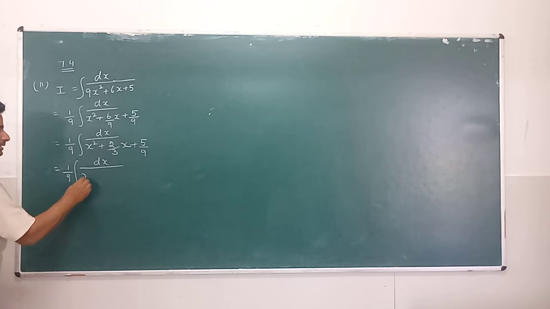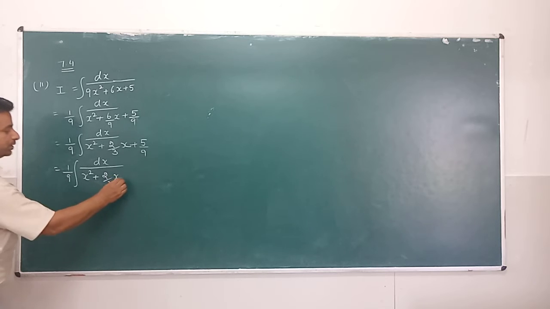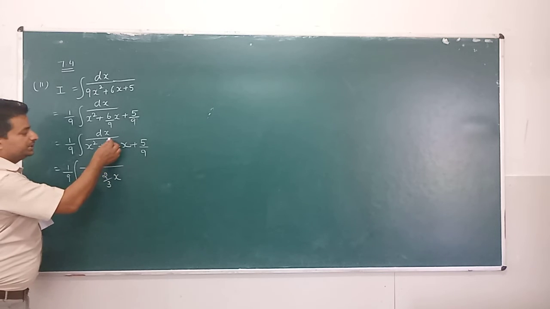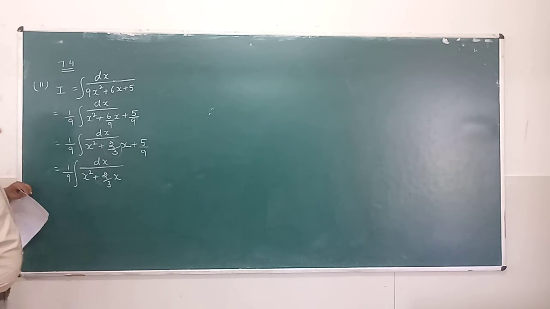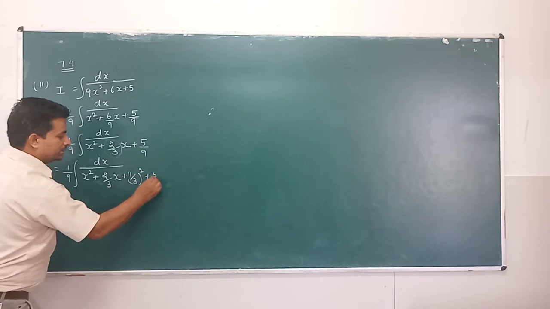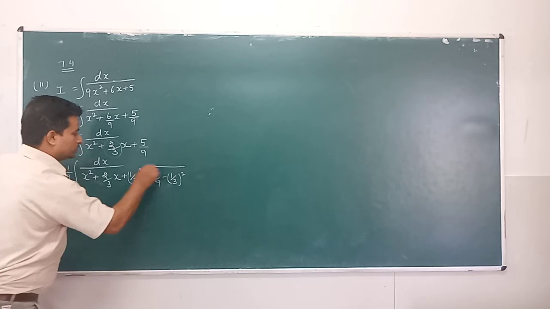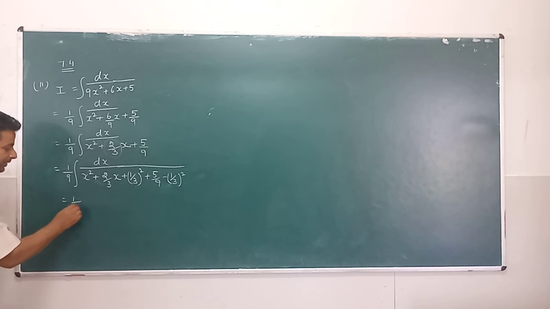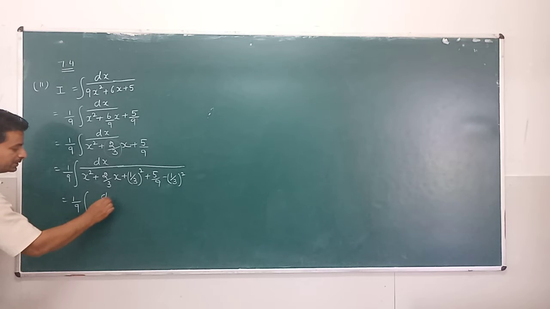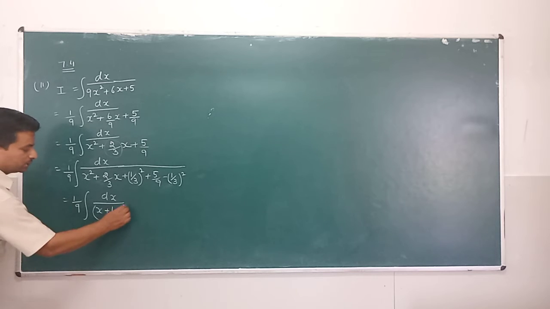For completing the square, first we take the coefficient of x, which is 2 upon 3. Its half is 1 upon 3 and its square is added. Similarly the square is subtracted. This is the identity a square plus b square plus 2ab, so it's a plus b whole square.